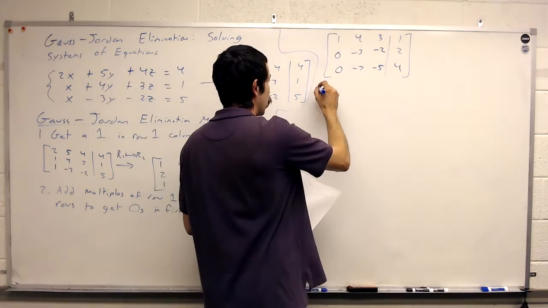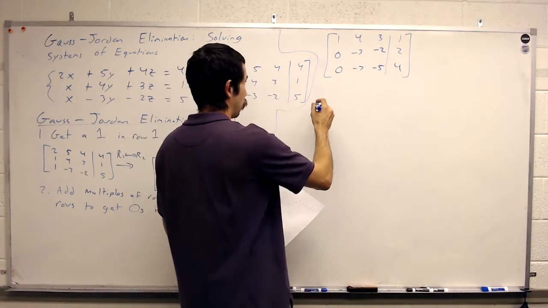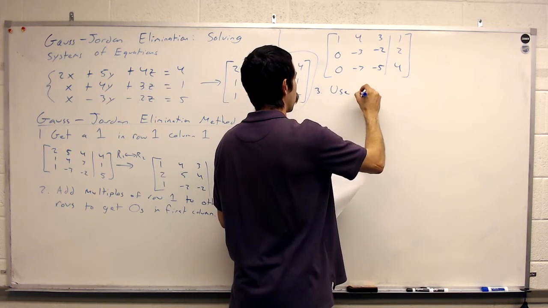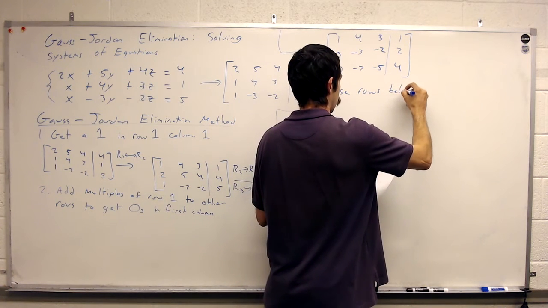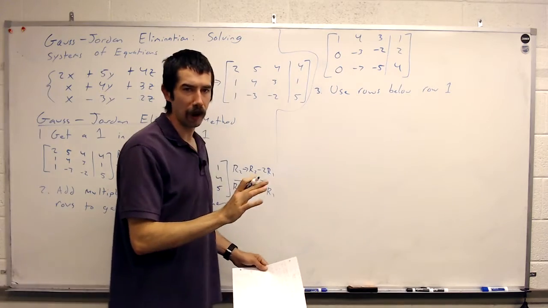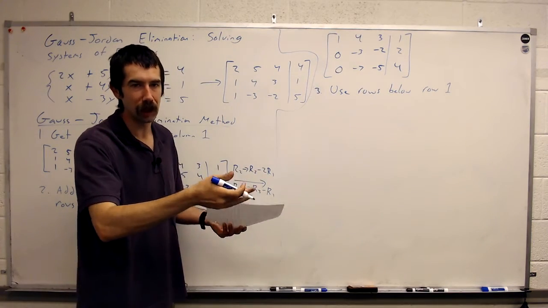Okay, so the next step, step 3, we're going to use the rows below 1, so we're not going to touch row 1. So we're going to either use 2 or 3, but this works for bigger matrices as well.